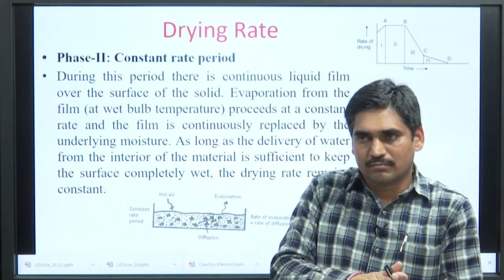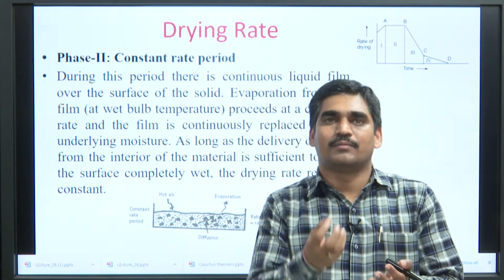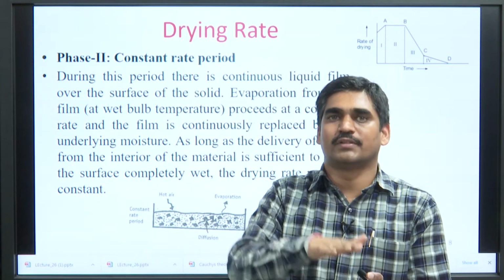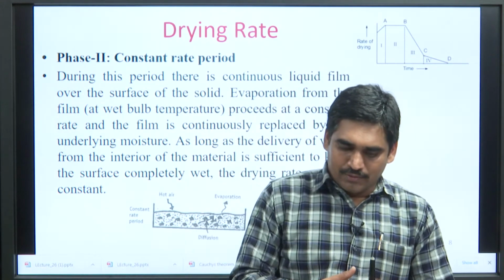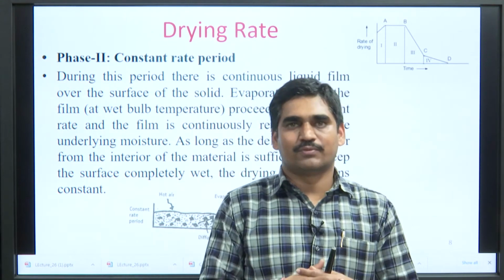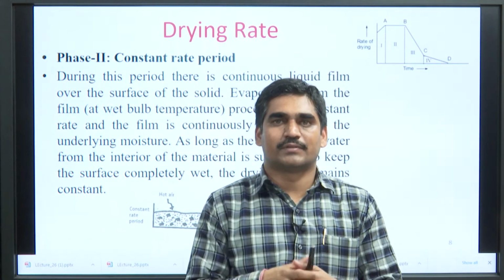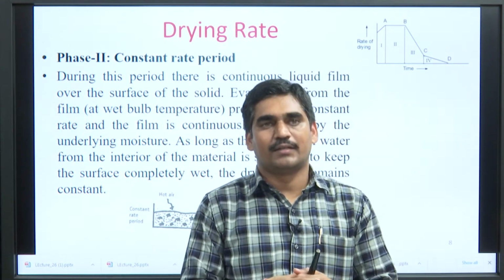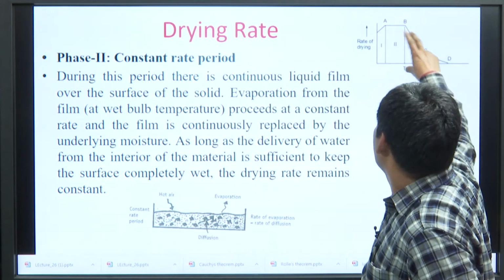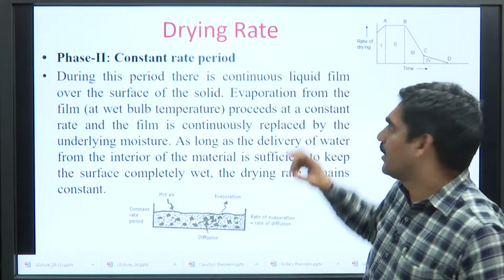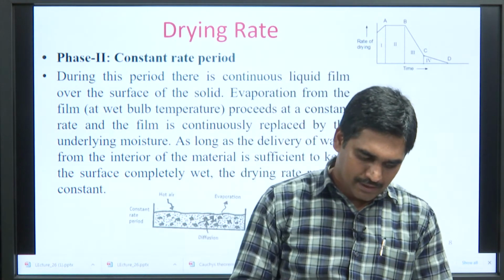Moisture is constantly removed from the surface, and from the internal part the same film of moisture replaces the removed moisture. As long as this delivery of water from the interior of the material is sufficient to keep the surface completely wet, the drying rate remains constant and we obtain a straight line parallel to the x axis, or the time axis. So, this period is called the constant rate period.